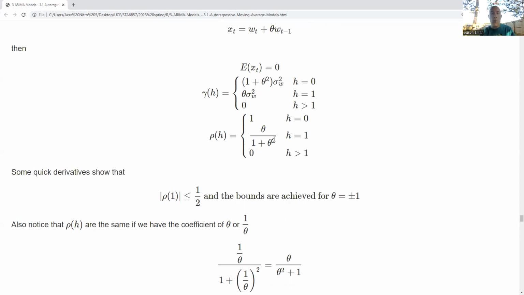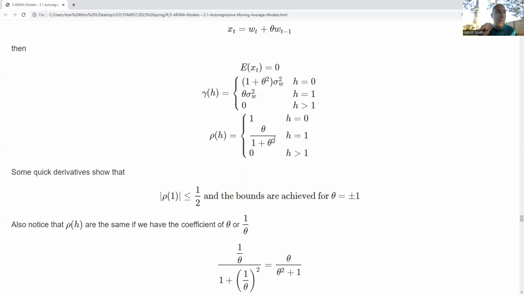So this means that if I have theta or 1 over theta, I'm going to get the same correlation.